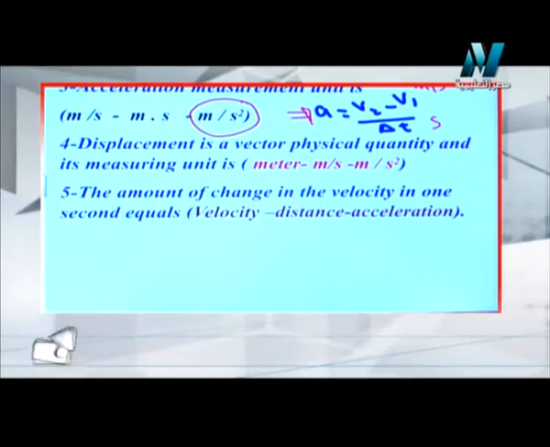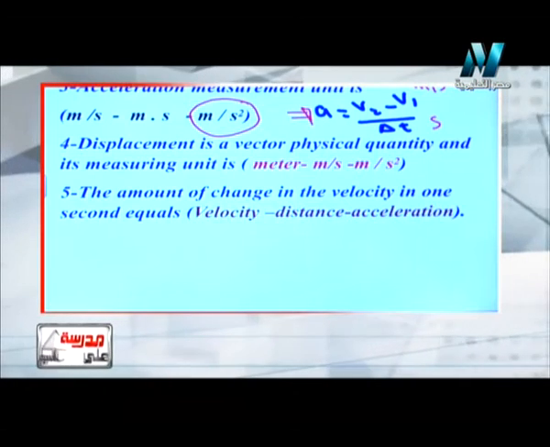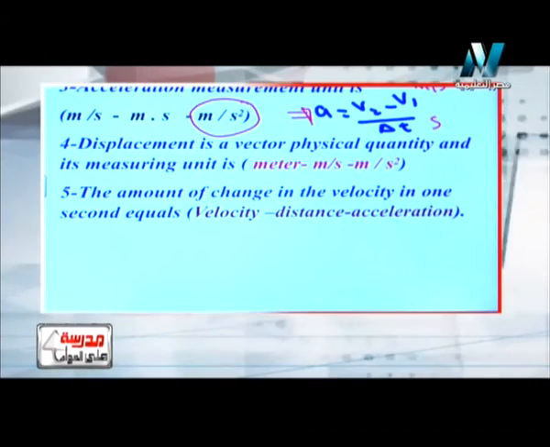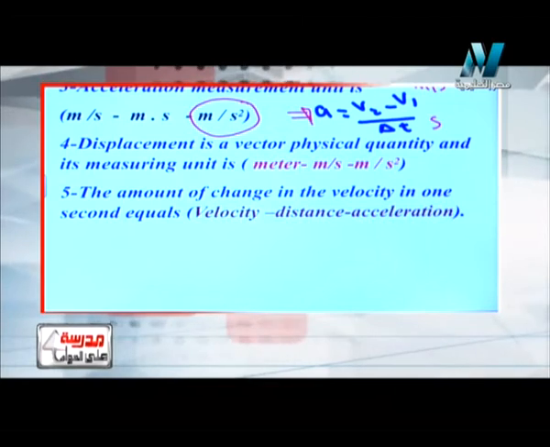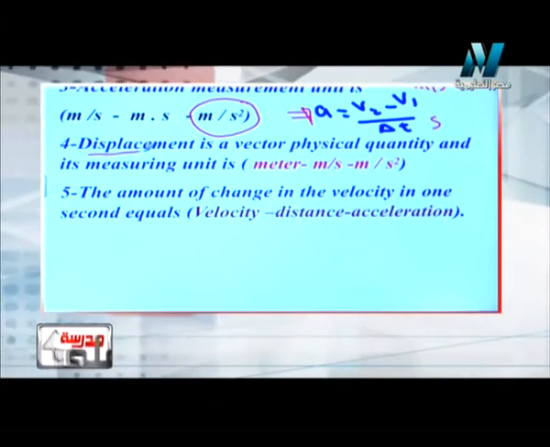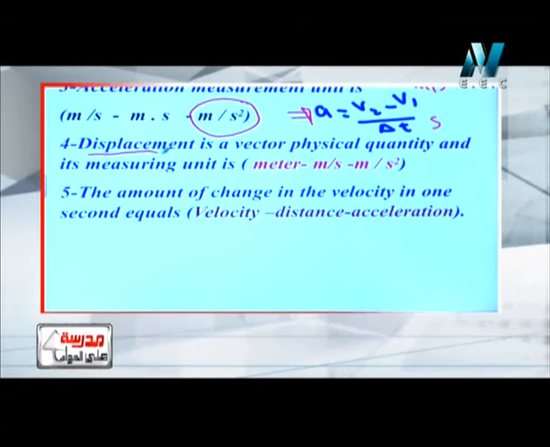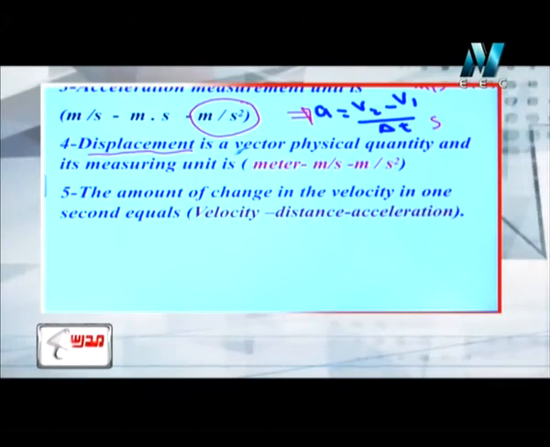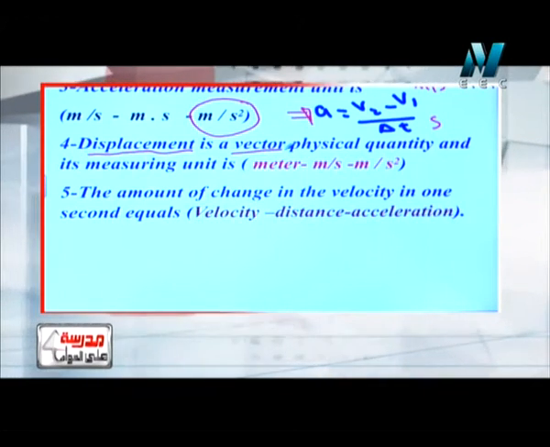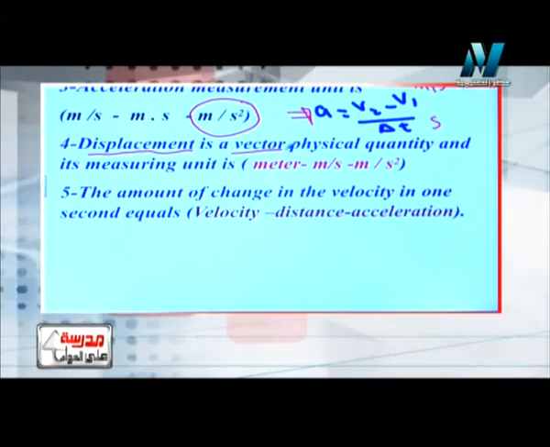Number 4, the displacement is a vector physical quantity and its measuring unit is what? Displacement. We know displacement is the shortest straight line between the 2 points. And we know displacement is a vector physical quantity because it is identified by magnitude and direction.